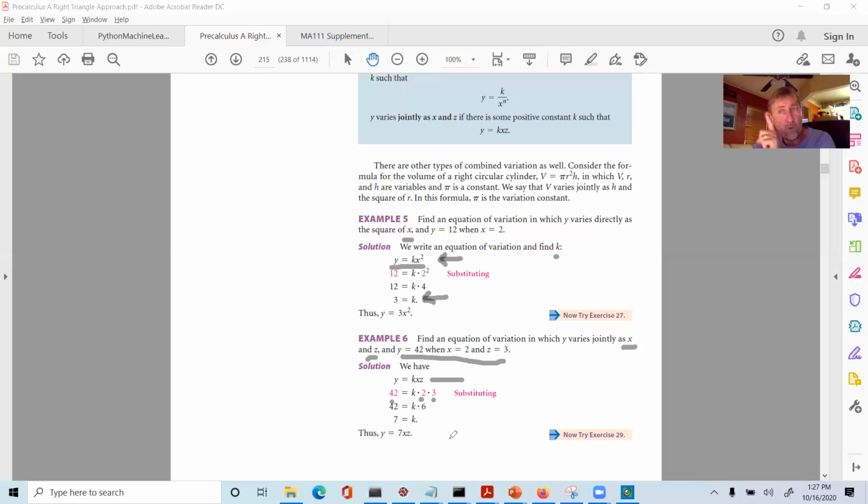So now we only have 1 unknown in our equation, and therefore we can solve it. Again, we always solve for k first, plug in those initial conditions, solve for k, and then set up the variation equation. And then you would plug in more values. Once you solve for k, though, it does not change from trial to trial.